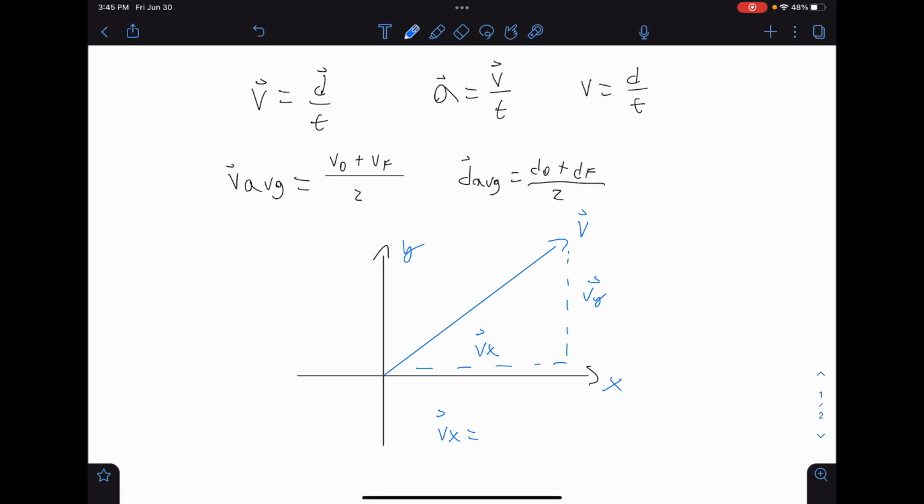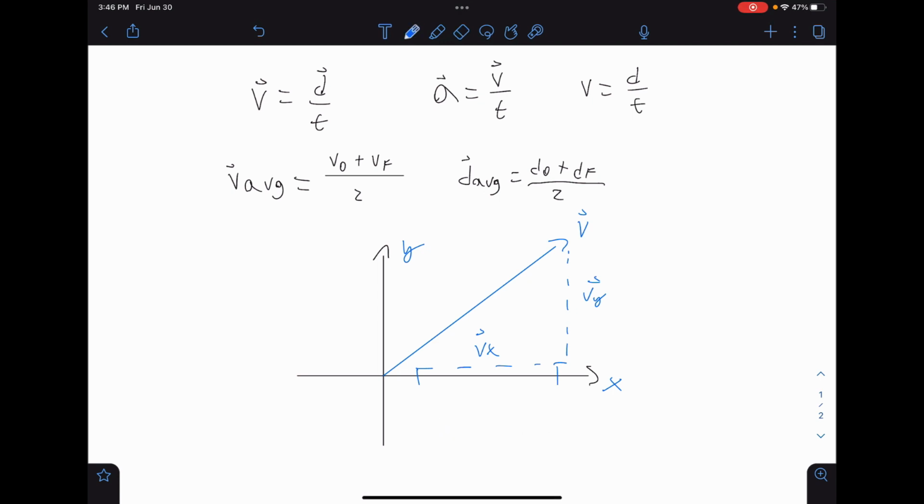Remember how velocity was v2 minus v1, right? Well, what if I wanted to only find it in the x? You wouldn't start putting in the final and initial destination from the y, right? You would only use the x, somewhere along the x-axis. So it would be vx, v2x minus v1x, right? Same with y, v2y minus v1y.